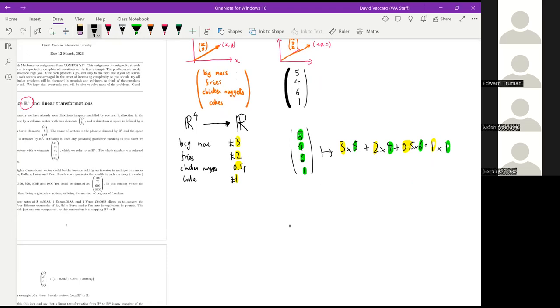Now, the normal way of representing this linear transformation is to represent the components which represent the mapping as a row vector. So 3, 2, 0.5, 1. And then I'll do the mapping, which is just summing the components as 1, 1, 1, 1.